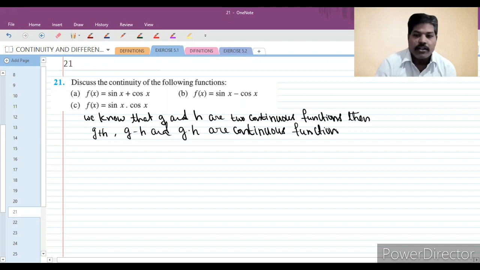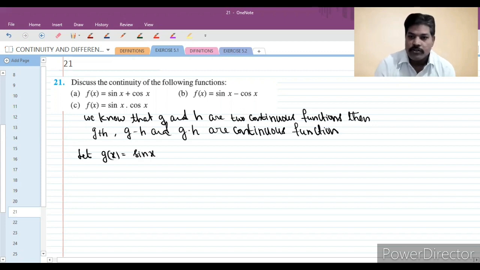So for this one, I will take that first. Let g of x is equal to sin x. First, I will prove that this is a continuous function. So how to prove this one?